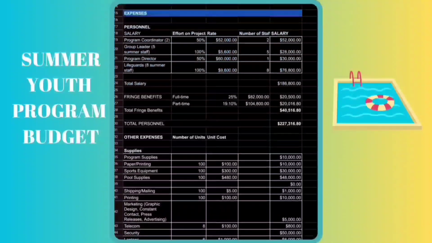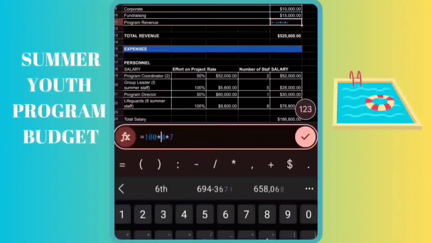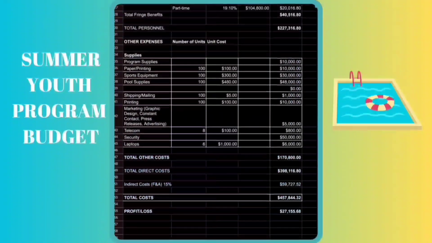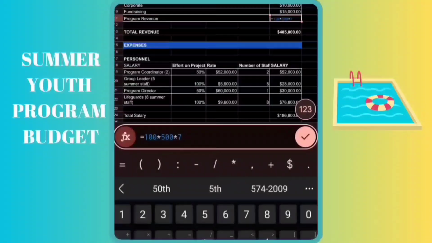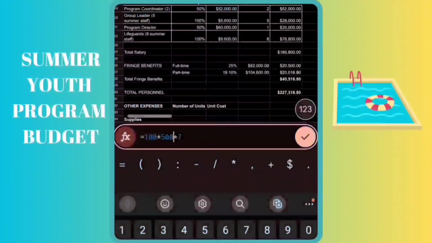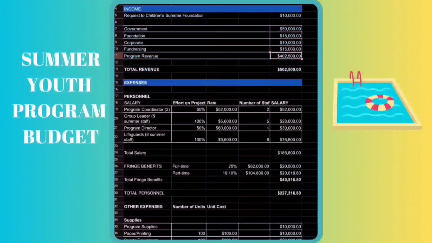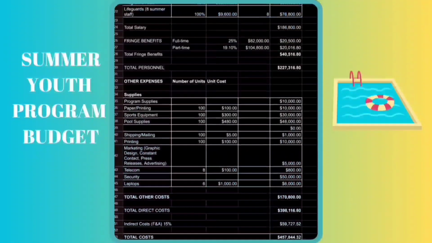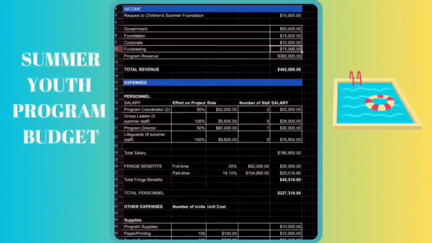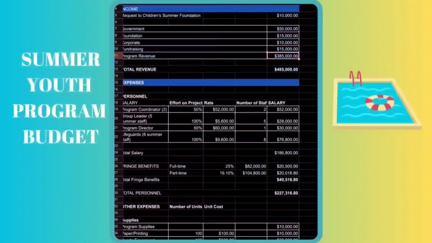Again, this is a quick budget. Now it actually shows that we have a profit. So maybe it's only going to cost $550 per child to participate. Oh, now we have a loss again. Now we have a profit again.